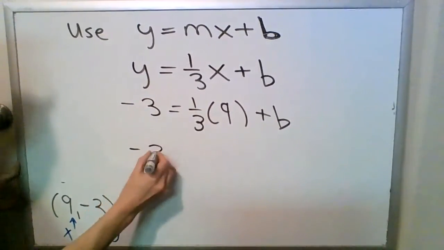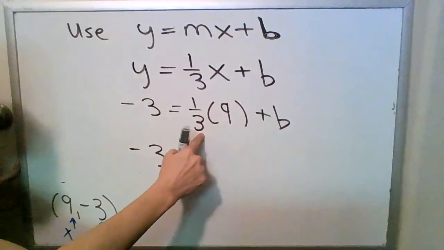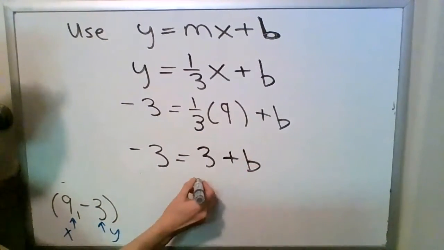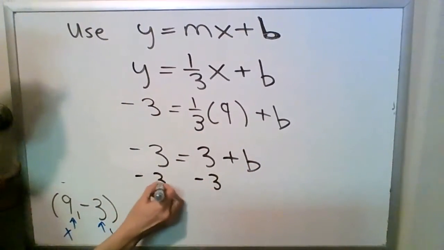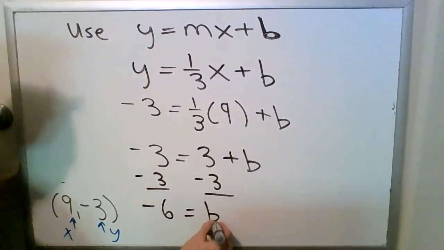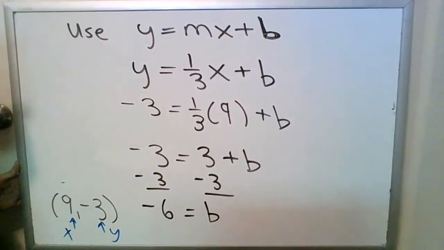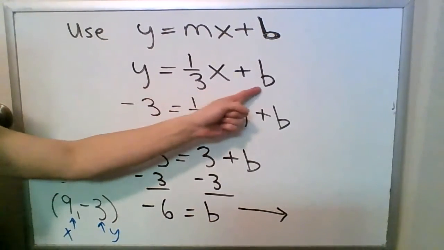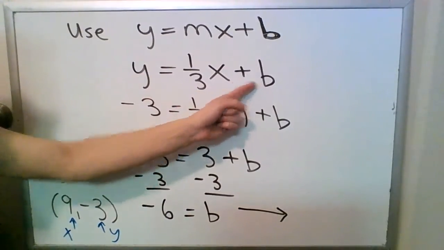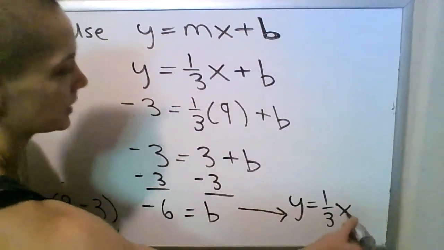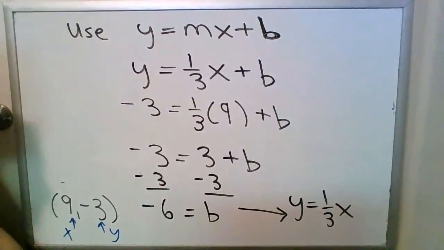So we've got -3 equal to 9/3, which is 3, plus b. Subtract 3 from both sides, and that's -6 equals b. So for y equals 1/3 x plus b, we know what b is. y equals 1/3 x minus 6.